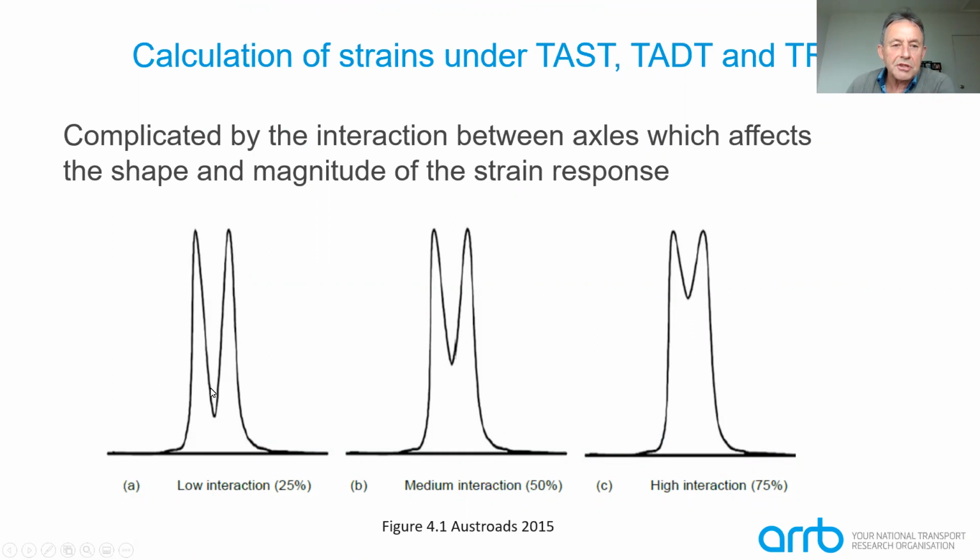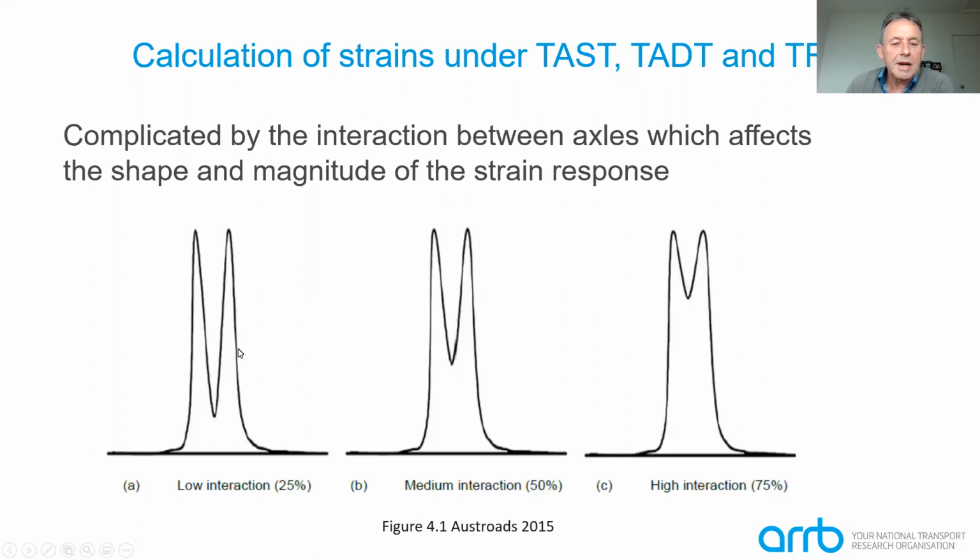These are the strain responses of a trial pavement, with different trial pavement configurations. You can see the amount of interaction varies. This one, for example, might be for the tensile strains at the bottom of a thin asphalt surfacing, where there's very low interaction between the axles in the group.